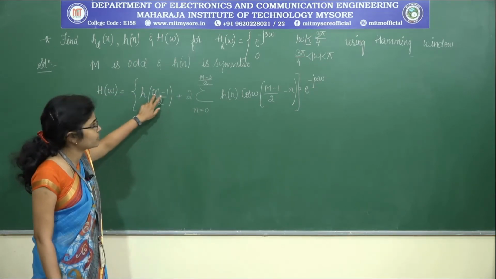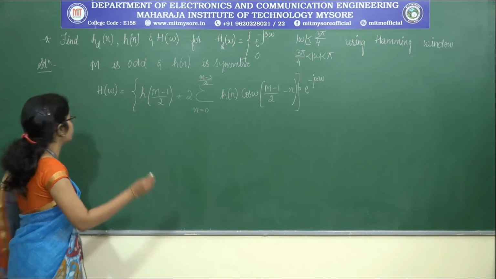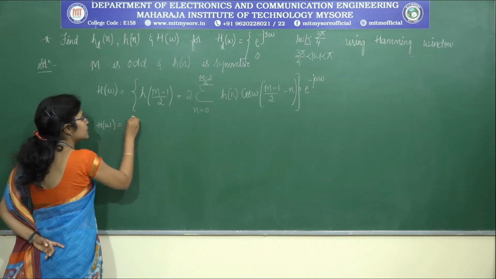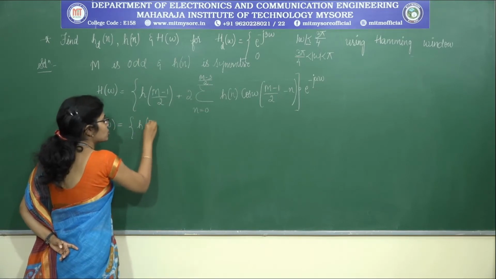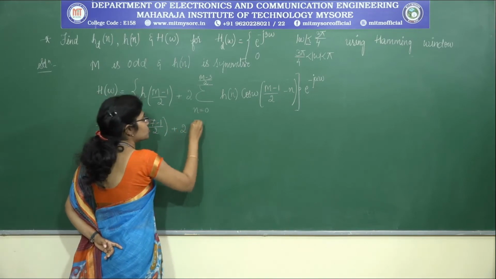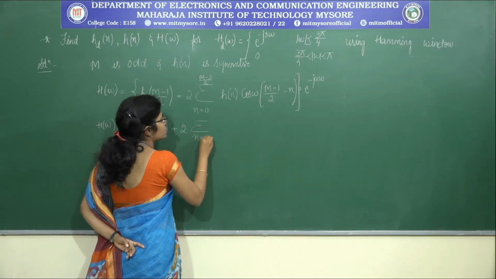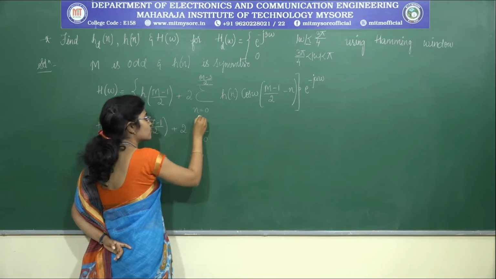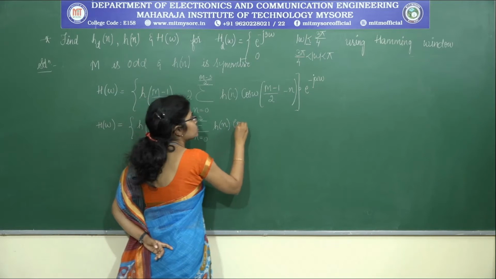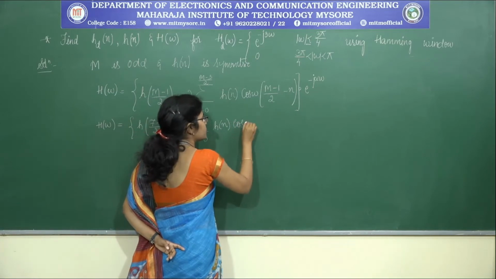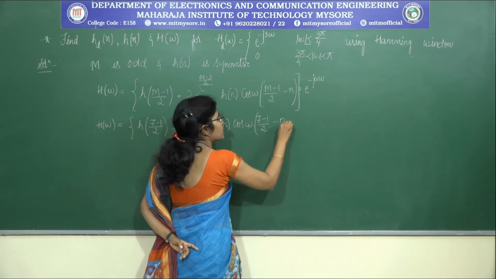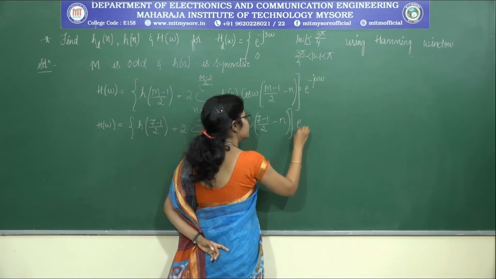We know m is 7 and alpha is equal to 3. So if I substitute, h of omega will be equal to h of (7 minus 1) by 2 plus 2 summation n ranging from 0 to 7 minus 3 is 4, 4 by 2 is 2, h of n into cos omega (minus n) into e power minus j alpha omega.